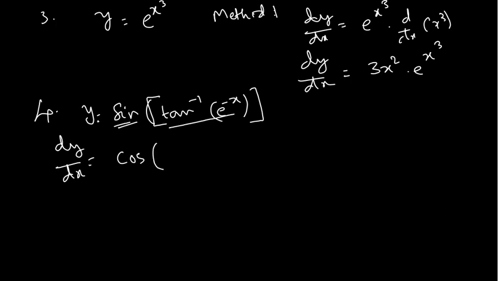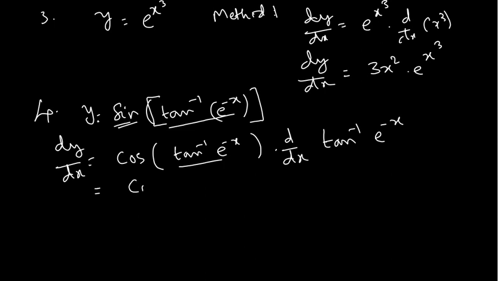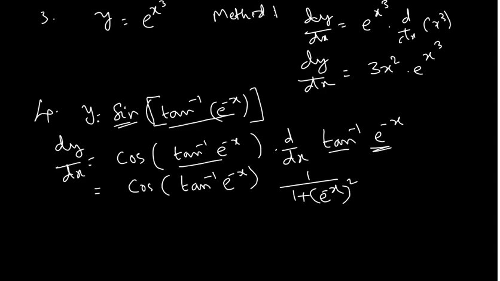Write down the entire thing, tan inverse e power minus x, and you start differentiating this, d by dx of tan inverse e power minus x. So write down the next step. That's equal to cos of tan inverse e power minus x, and for this you are looking at tan inverse. So the formula is 1 by 1 plus whatever is here squared, that means e power minus x whole squared, and then differentiate e power minus x.